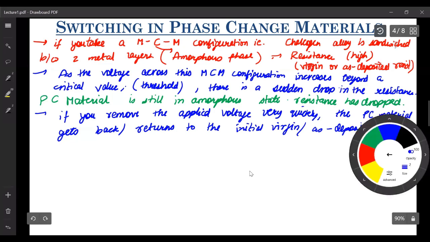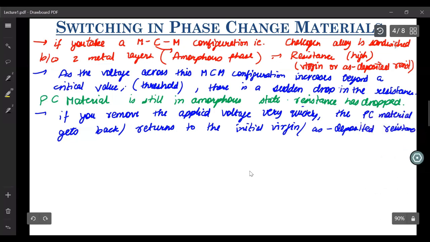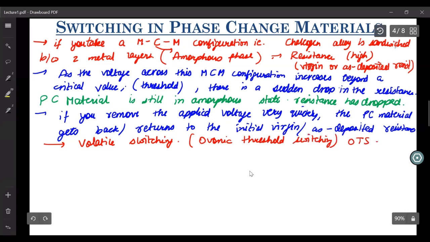So you apply some voltage. As the voltage increases beyond some critical value, your resistance suddenly drops, but the material still remains in the amorphous state. However, if you remove that voltage very quickly, your phase change material again gets back to your initial state. And because this is not a permanent change, we call this volatile switching. This kind of switching is also called ovonic threshold switching, or OTS in short.